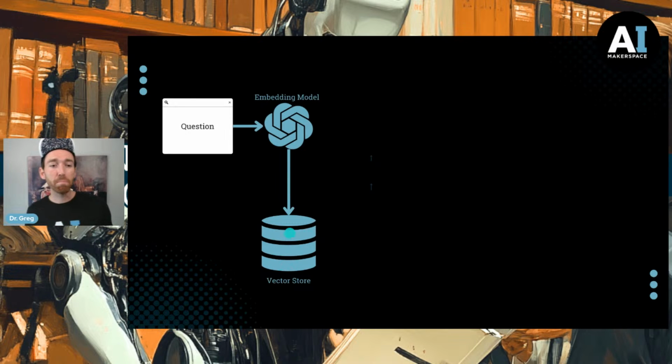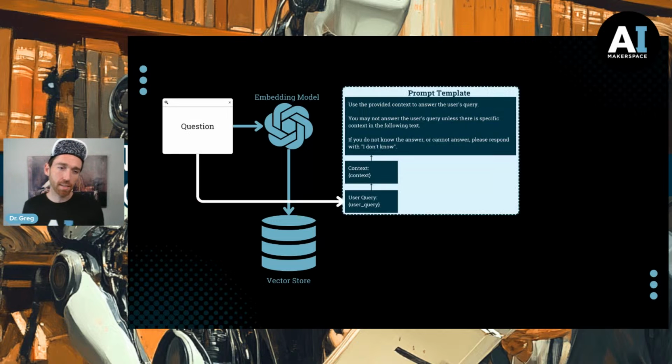So we're comparing the embedding representation of our question to embedding representations of chunks of our text data in our vector store. We can find stuff that's close together or related or has the same meaning. This is the big idea.